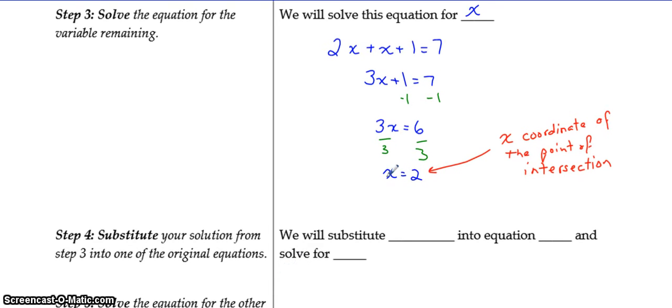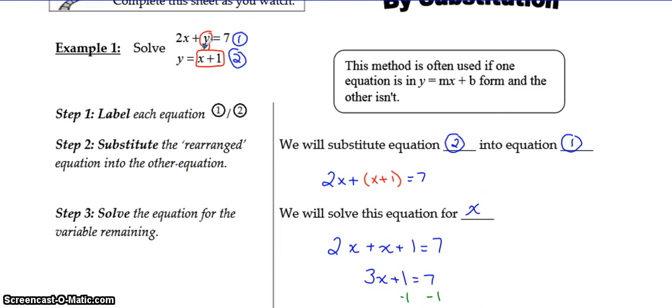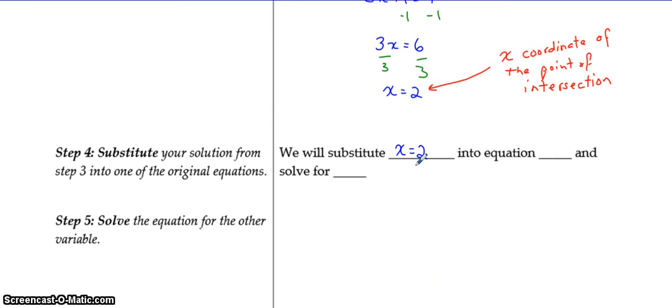All right, the next thing we're going to do is take that x equals 2 and substitute it into one of these two equations. The easier equation would be number 2 because it's been isolated for y already. So we're going to take that x equals 2, substitute it into equation 2 so that we can figure out what y is.